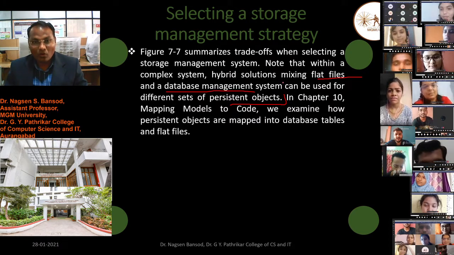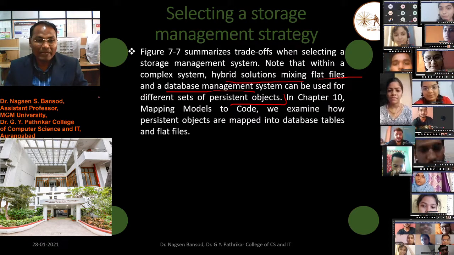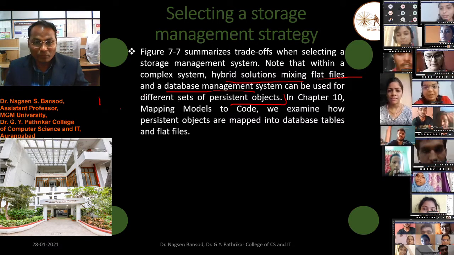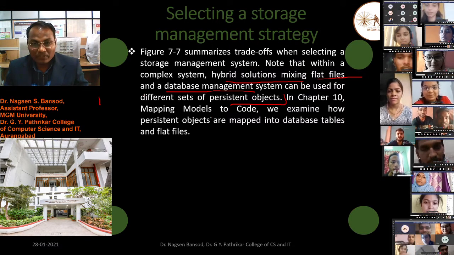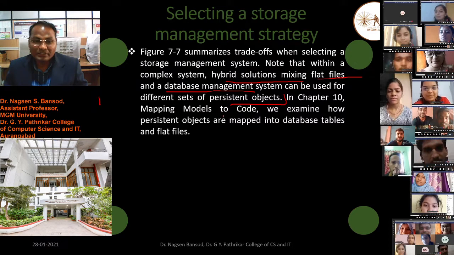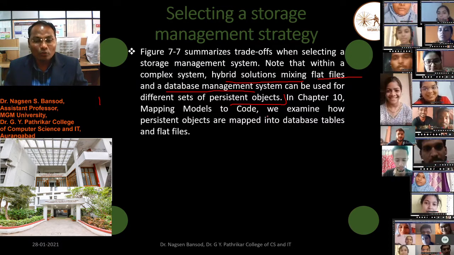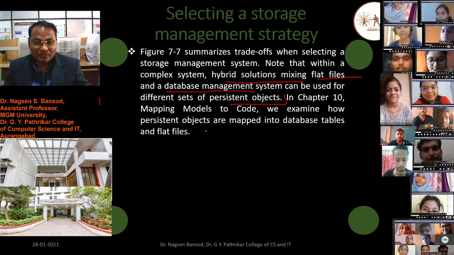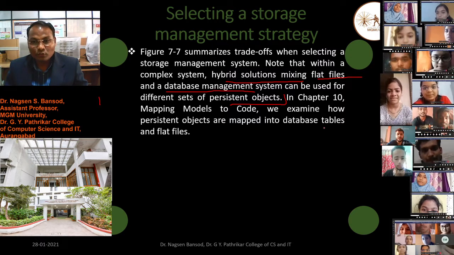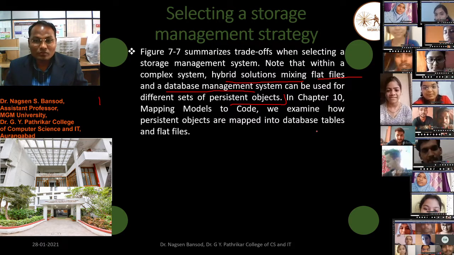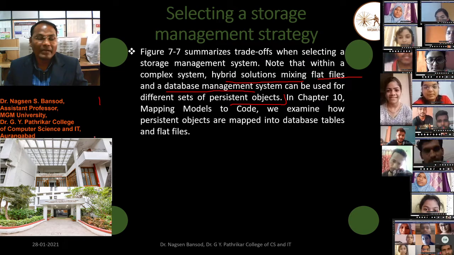We mix all these solutions: flat file, relational database, object oriented database management. This is given in chapter 10, mapping models to code. We examine how persistent objects are mapped into database tables and flat files.